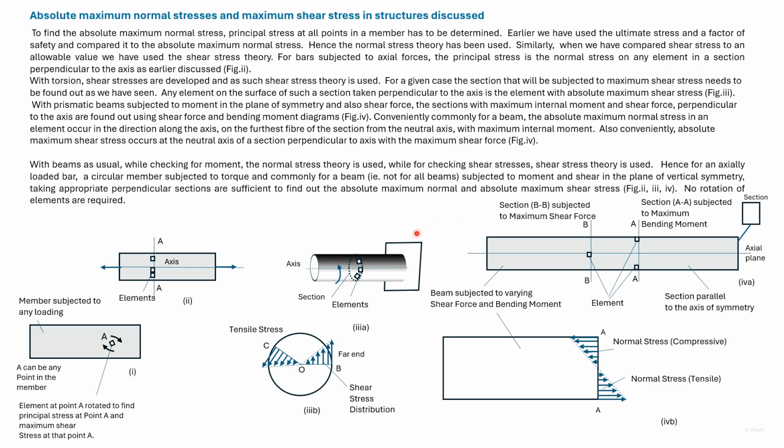So in all these cases, the points where the absolute maximum stresses occurred were found by taking perpendicular sections, that is, perpendicular to the axis of the beam. No rotation of the elements was required.